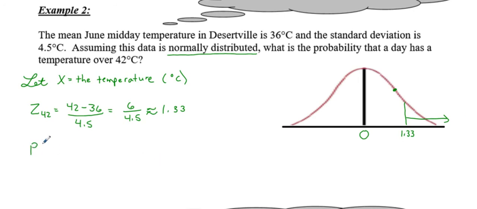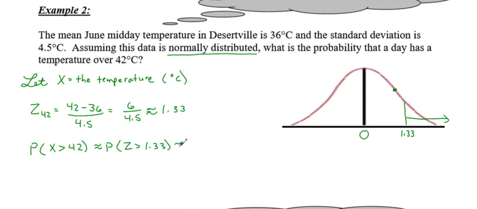So the probability that the temperature is greater than 42 degrees is approximately equal to the probability of a z-score being greater than 1.33.